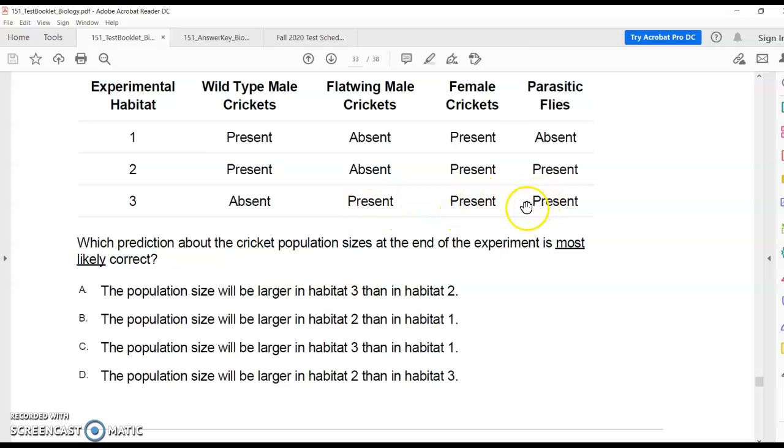So it's okay that they have these parasitic flies because the female crickets are still going to be able to mate with the male crickets here because they're not dying off because of the parasitic flies. 2, however, they are going to be smaller in population size because the chirping male is present, but the flaunting or the silent male is absent. So that's going to be a smaller population size because the wild type is going to die off.